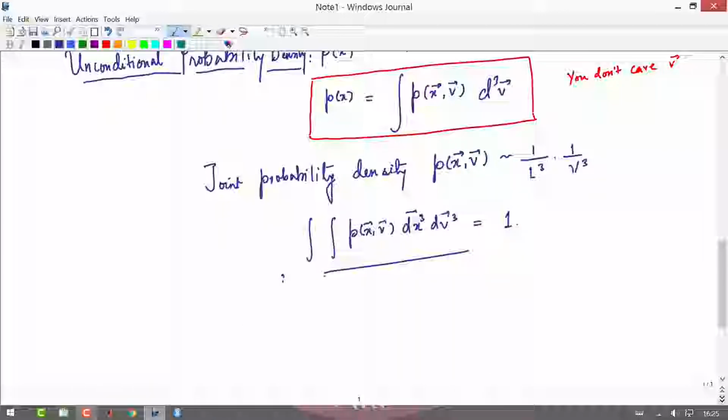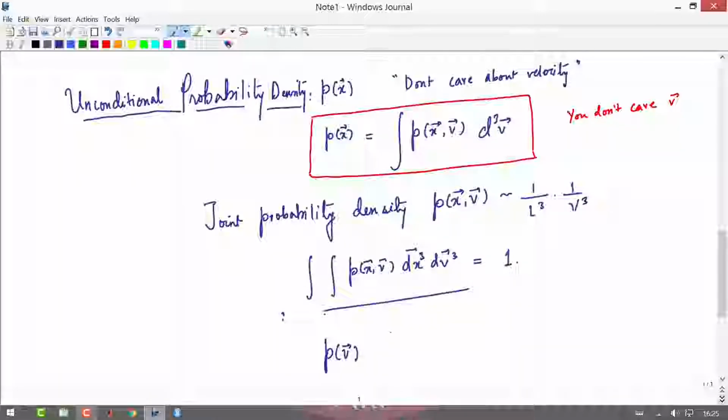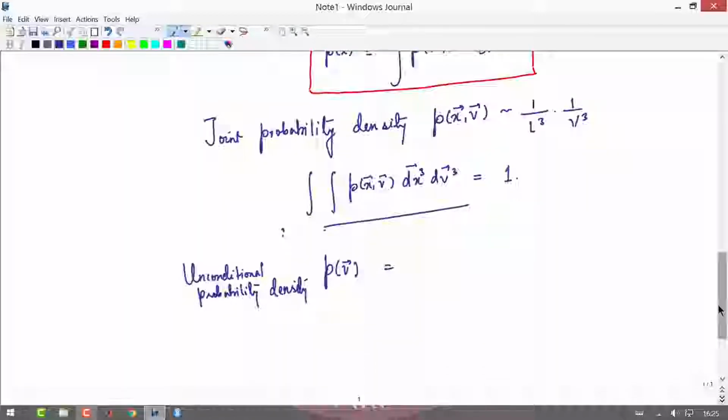Okay, so another unconditional probability density that you can construct is the unconditional probability density of velocities. Again, the procedure is the same.